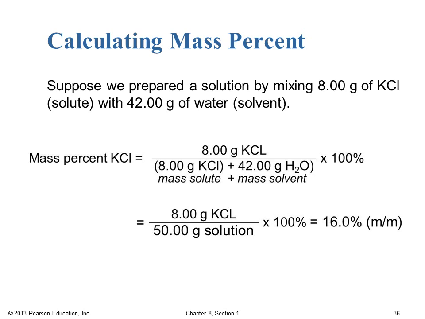One thing: if you plug it into your calculator as 8 divided by 50 times 100%, it will probably give you something different. So what you want to do is plug in 8 divided by 50 times 100, and that will be the percent.